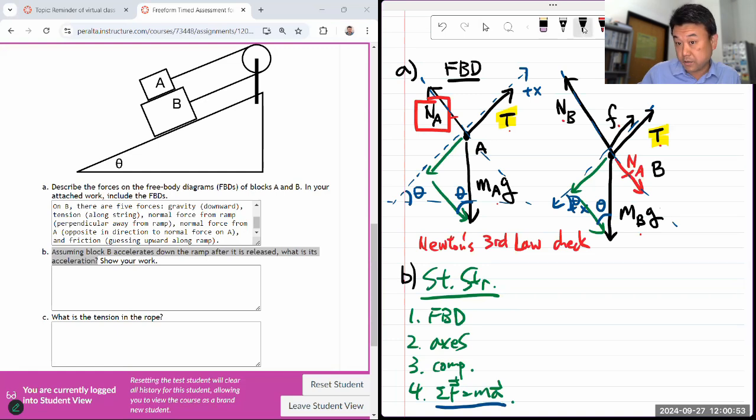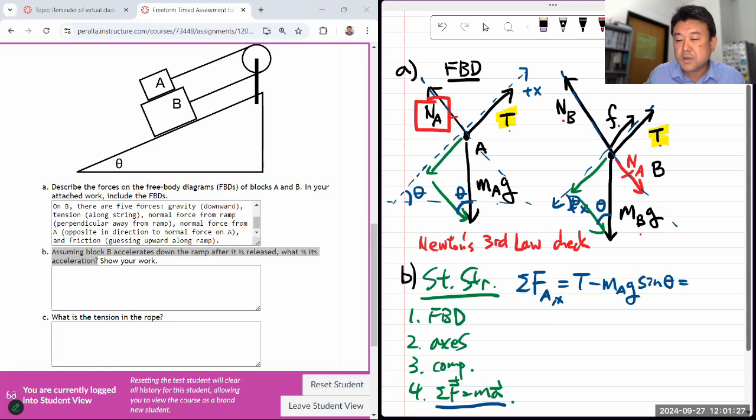writing down my Newton's second law equations. I'm going to have one equation for each direction for each object. So I've got 2 objects, 2 directions each, so 4 equations to deal with. Let me just write them down. Net force on A in the x direction is tension minus m_A g sine theta, this being the opposite side, equal to mass times acceleration.